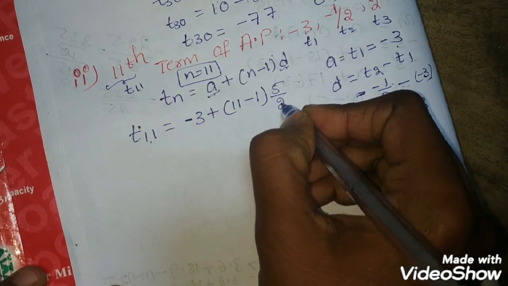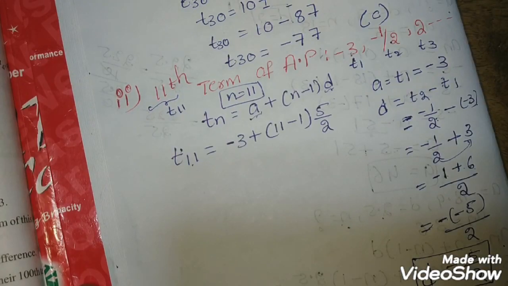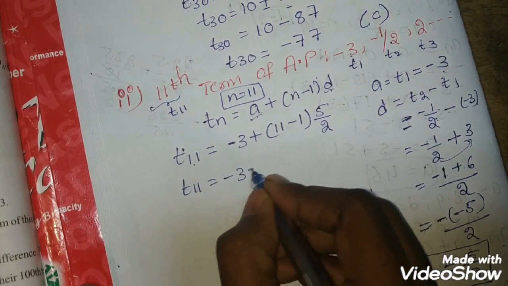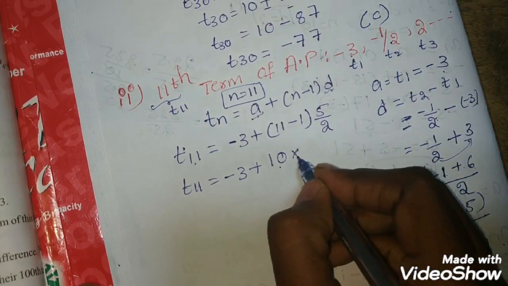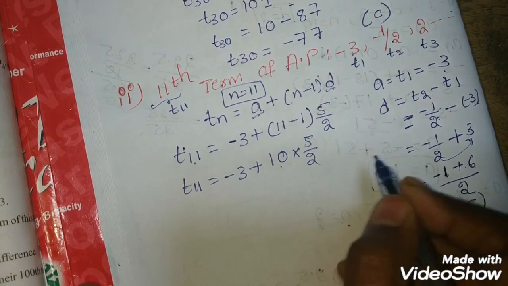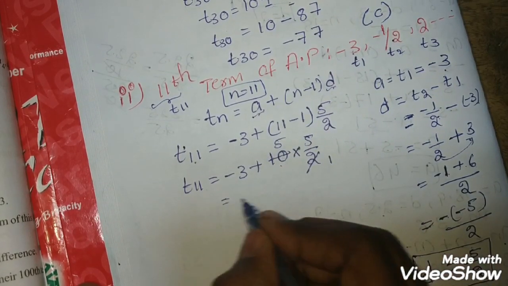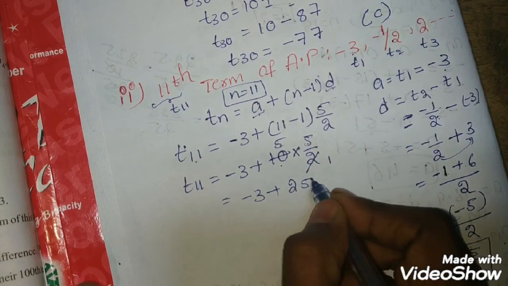Okay, T11 is equal to minus 3, 11 minus 1, we get 10 into 5 by 2. Let's cancel. 2 1s are 2, 2 5s are 10. Minus 3 plus 5 5s are 25.